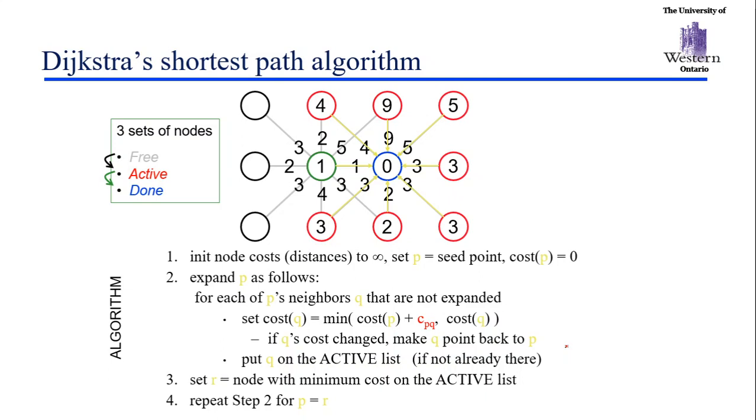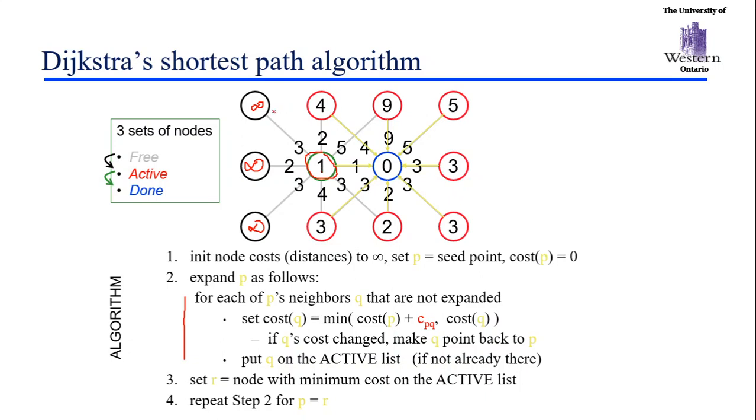So set r to the node with the minimum cost on the active list. So the minimum cost on the active list is this node with cost 1. Okay, so what's the cost here? It's still infinity. This one is infinity, and this one is also infinity. So what we need to do now is to run this once again on this node with 1.